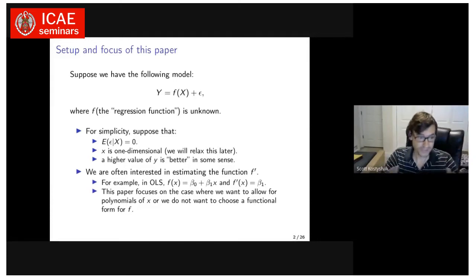For simplicity, let's assume mean independence of the error term, or even just independence of the error term. We're not solving any sort of endogeneity problem in this paper with this technique.